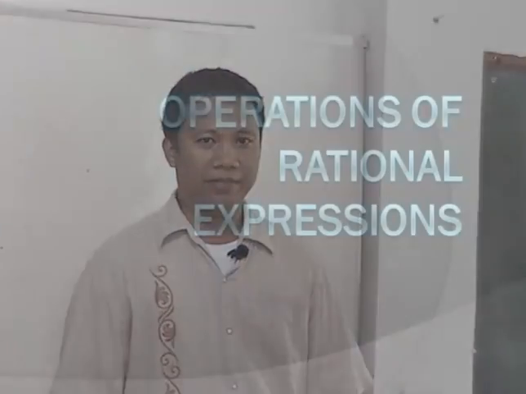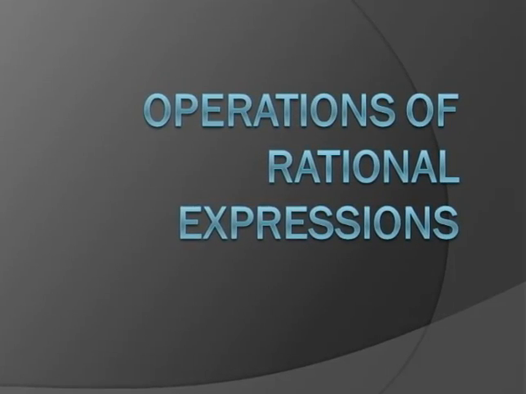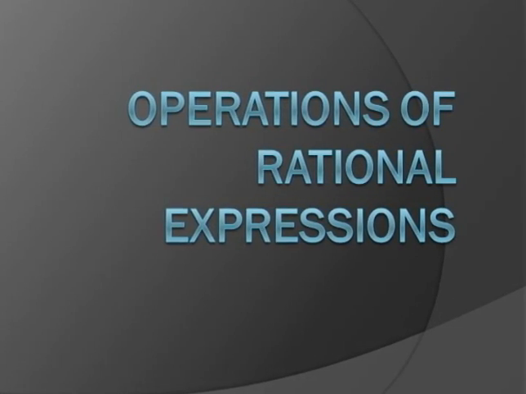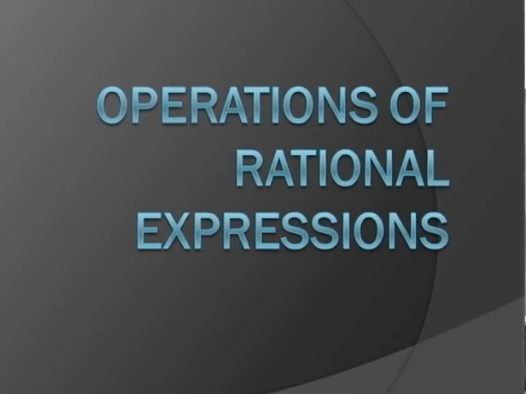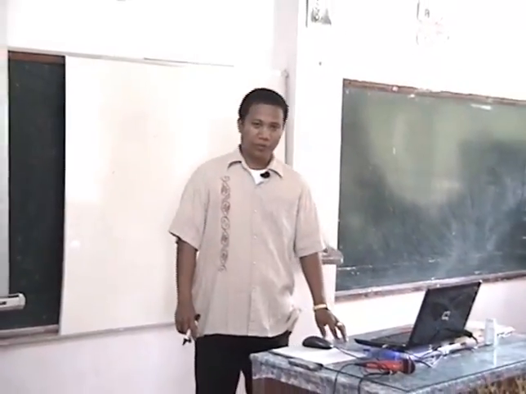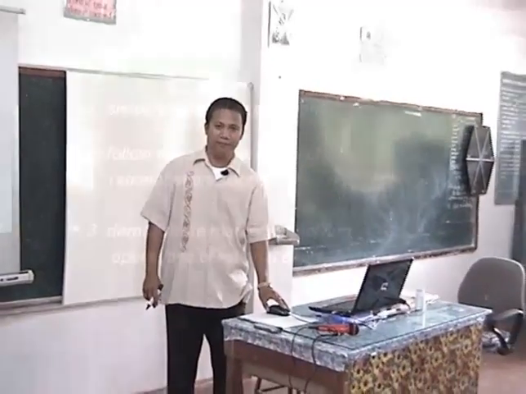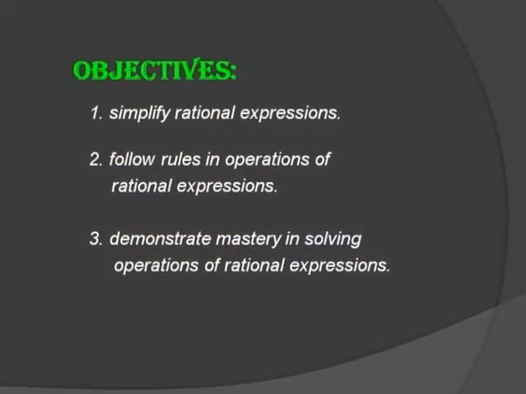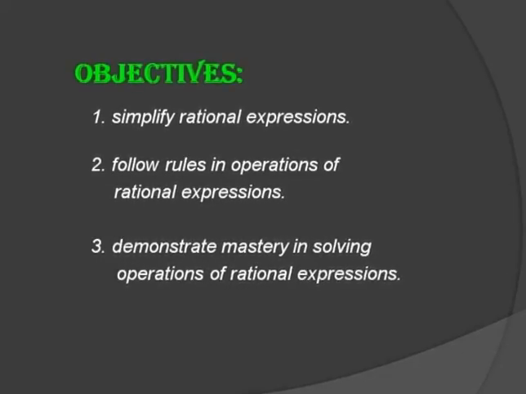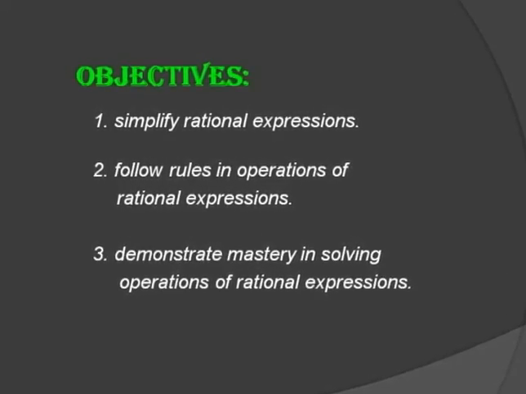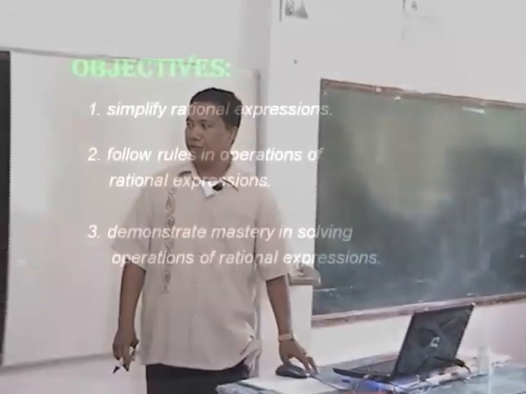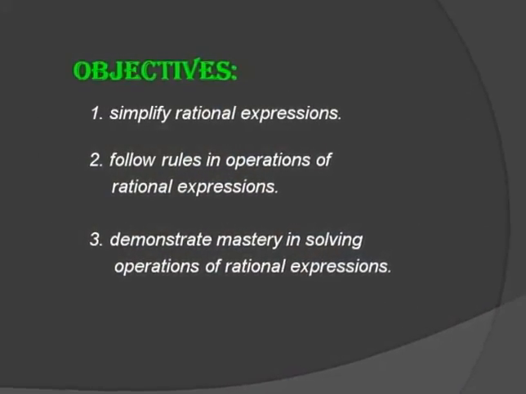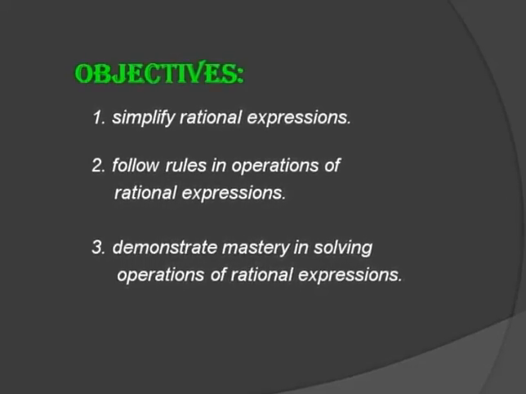Now, we have the third part of the series, and this is what we call operations of rational expressions. With this lesson, our main objectives are to simplify rational expressions, follow rules in operations of rational expressions, and demonstrate mastery in solving operations of rational expressions.